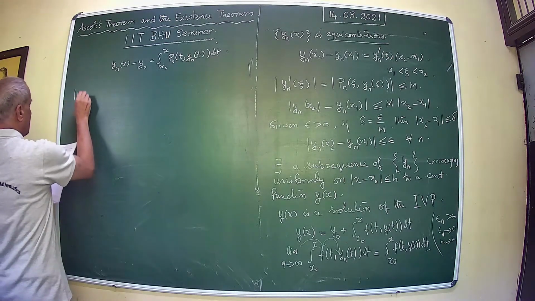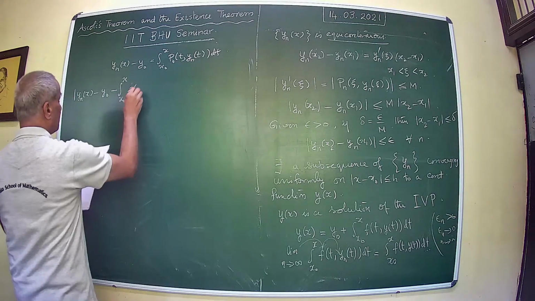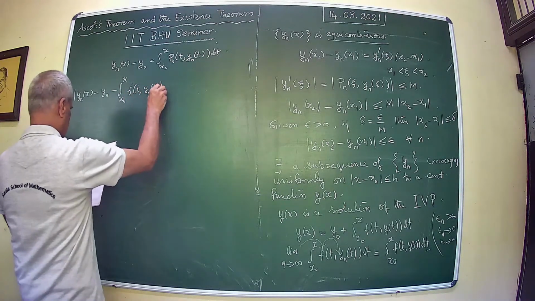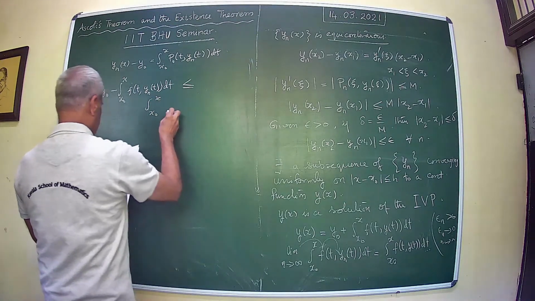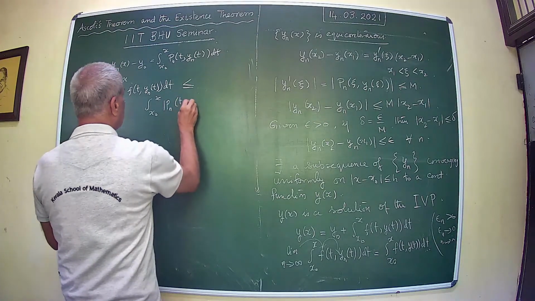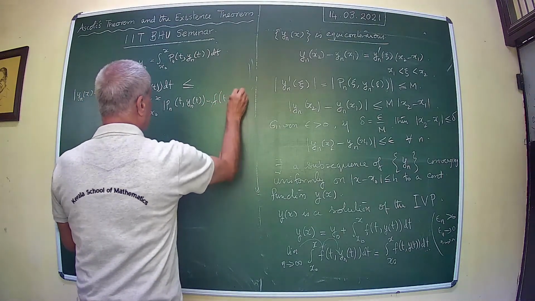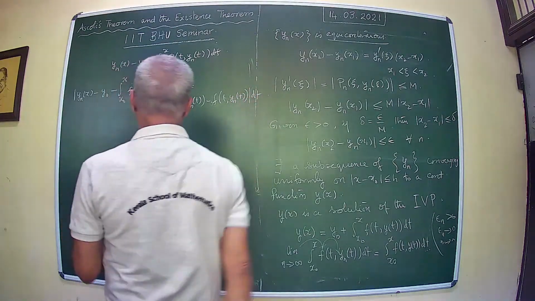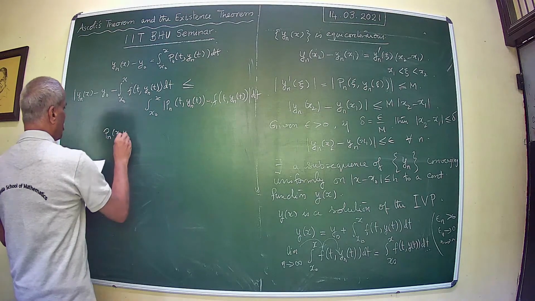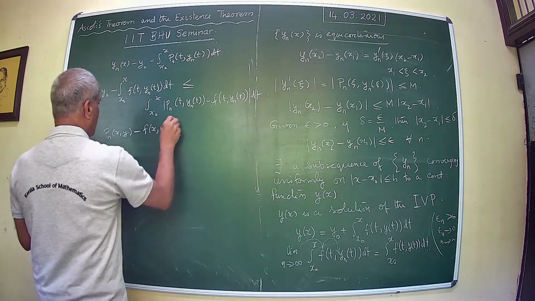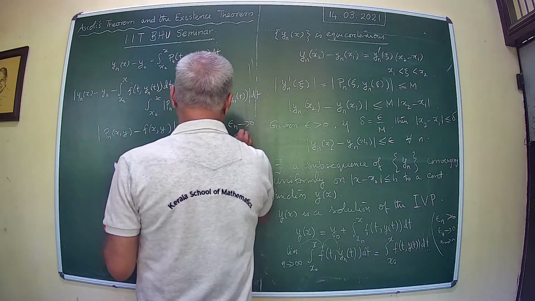Hence, the absolute value of the difference, integrated dt. Now from this estimate, you see you have got Pn less than epsilon n, and epsilon n goes to 0 as n tends to infinity.